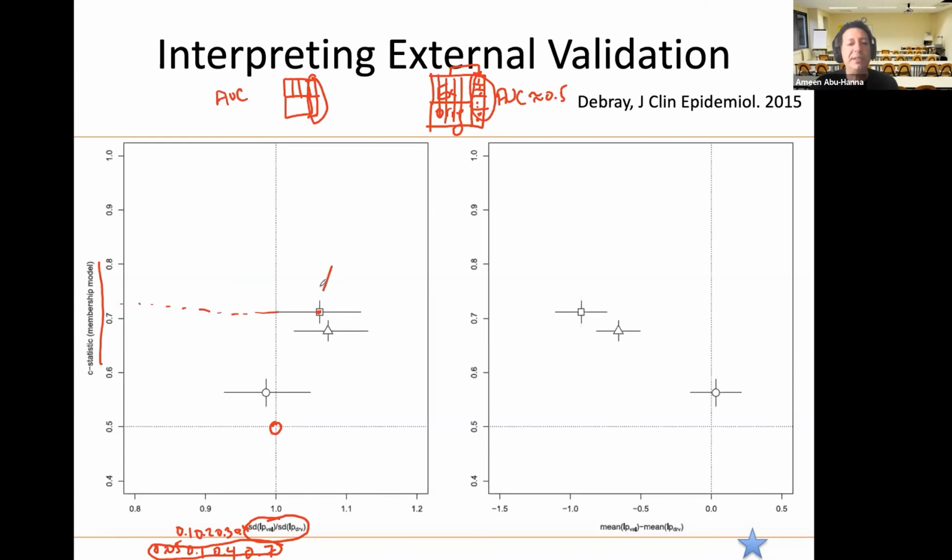I learn from this that external is different from original, because I could fairly well discriminate between the two groups. And here there is a difference in spread. If I take the two sets of predictions, the spread between them is not the same.